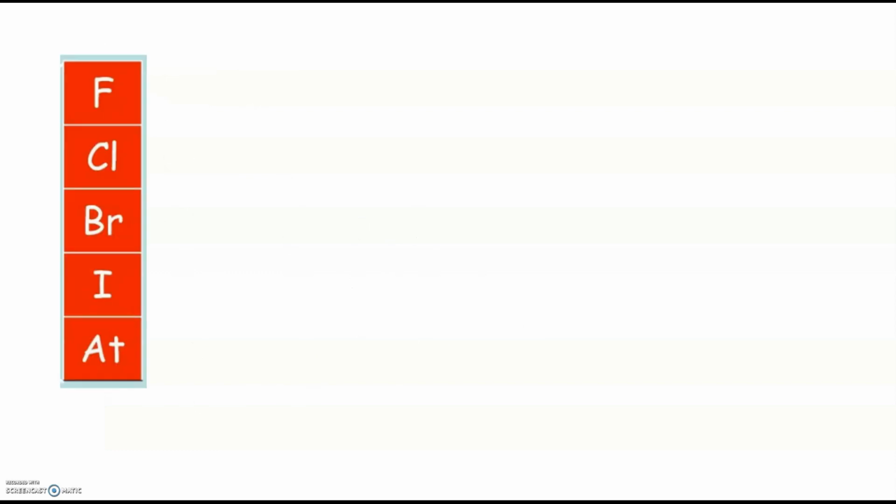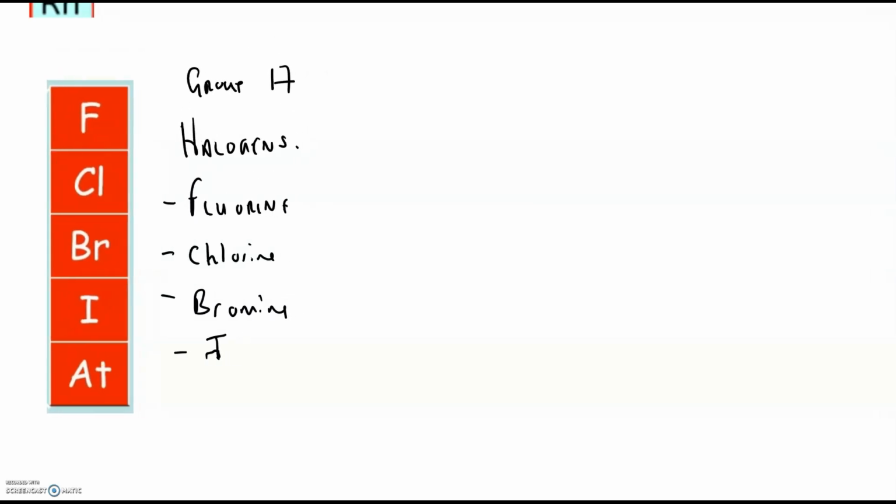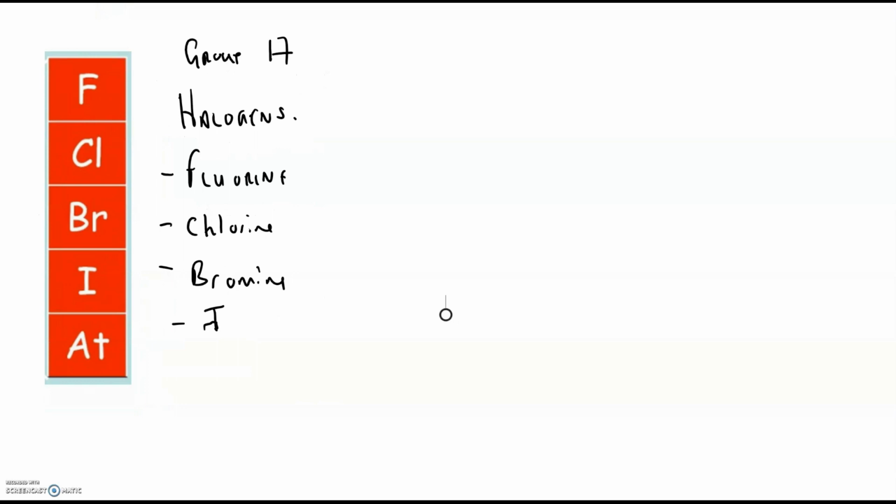This group here, this is what we call group 17. We're going to call this group the halogens. And there are 5 of these guys that we commonly recognize. They are fluorine, chlorine, bromine, iodine, and something called astatine.